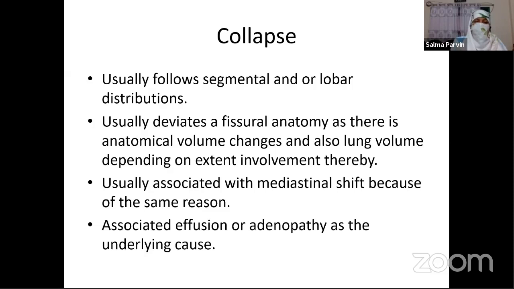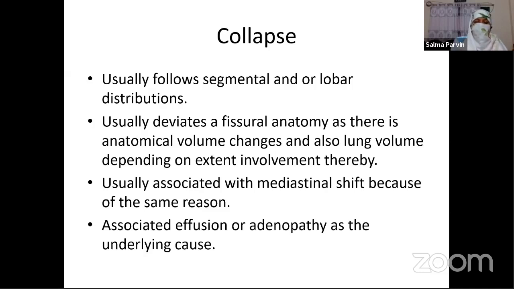So it will follow a segment, a lobe, or a lung, and the collapse usually causes a local volumetric loss, so that there is local deviation of the anatomy, and thus there are visual changes.